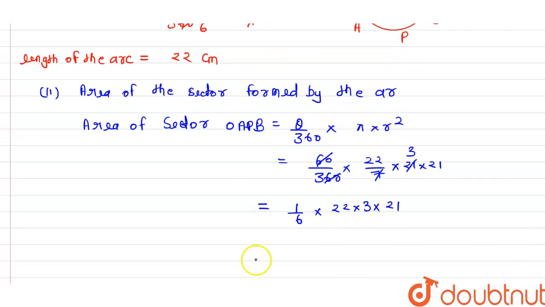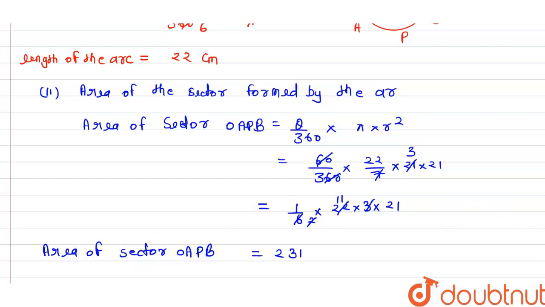When we simplify this, 3 will be cancelled out with 6 2 times, and 2 will be cancelled out with 22 by 11 times, so it will be 231. This is the area of the sector OAPB.